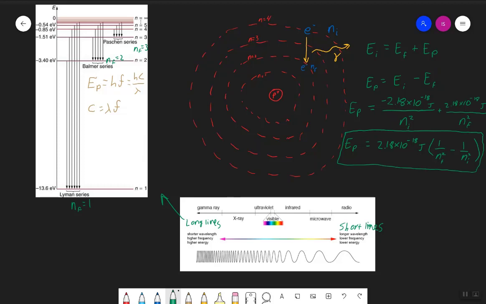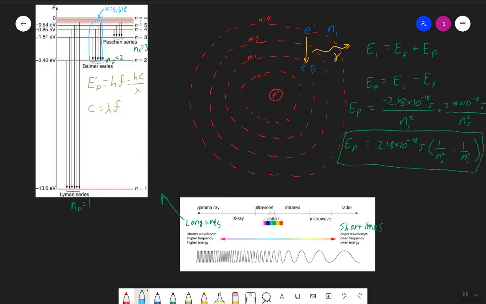But the Balmer series is very interesting because for these first 4, I'm going to try to write this out. It's hard to... These first 4, here, hopefully you can see where I did that. These 4 transitions are visible light.